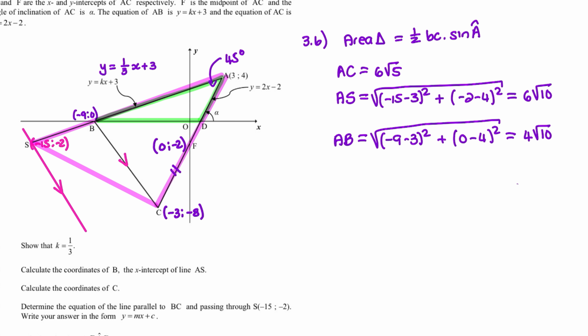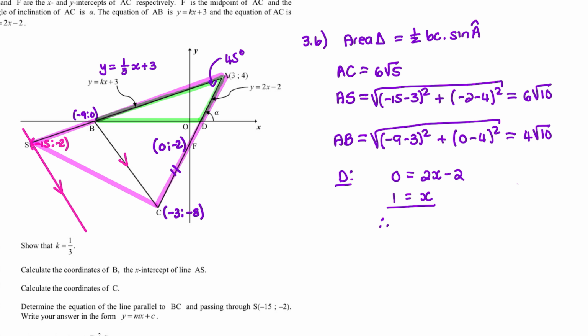Next, I need to find the length of AD, and I notice that I don't have the coordinates of D, but I have the equation of that line. So for D, we can find the x-intercept of that line. For the coordinates of D, we'll set y equal to 0 in our equation, and when I solve for x, I see that x is equal to 1.